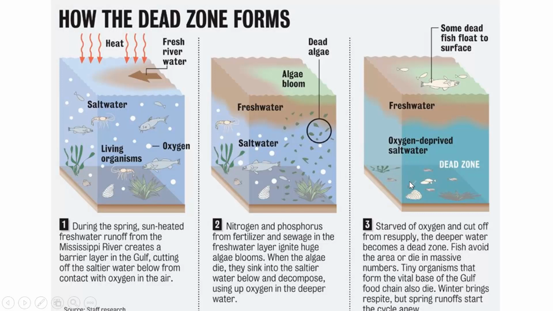The millions and millions of bacteria take up all the oxygen, so other plants and animals can no longer live. You'll see here some of the dead fish float to the surface, and there are very few organisms that can survive. That's all for your notes.